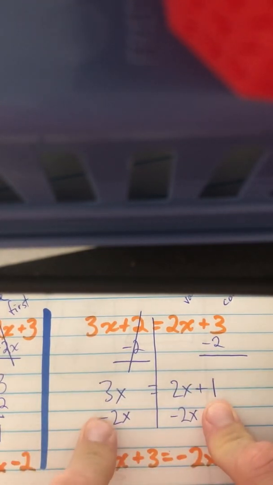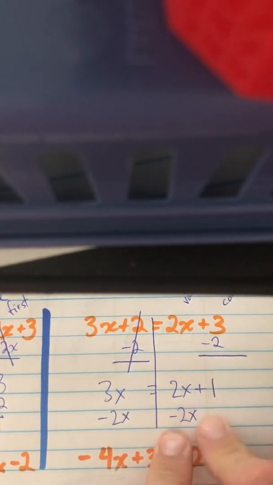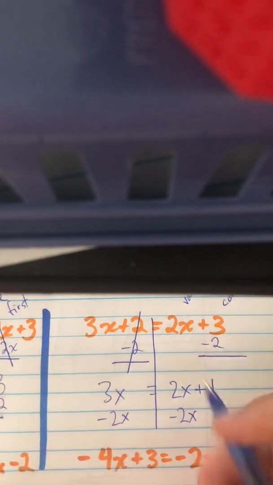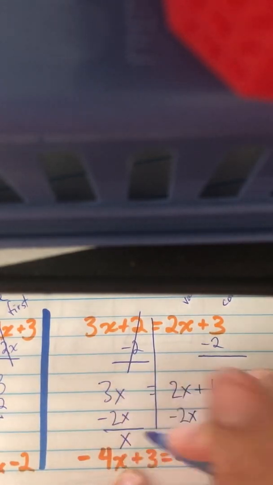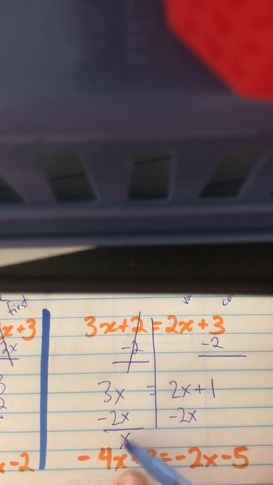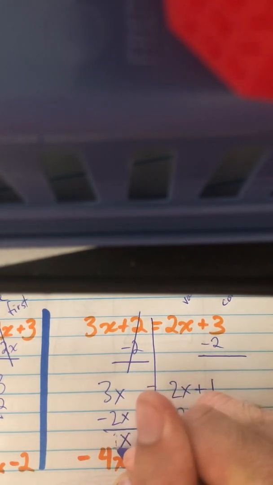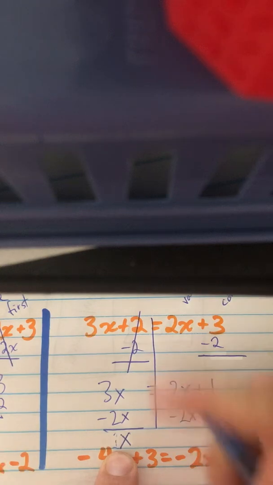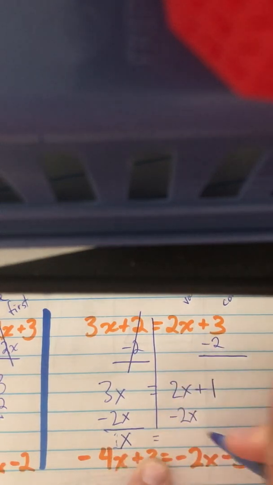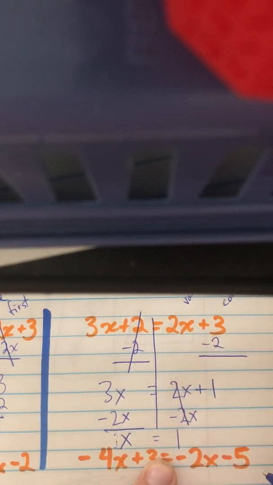If I subtract 3x, I'm going to have 0 is equal to a bunch of stuff, but I don't want 0 equals. I want x is equal to. So 3x minus 2x happens to be 1x. Again, the coefficient is 1, and that is equal to 1. So x is equal to 1 on both sides.